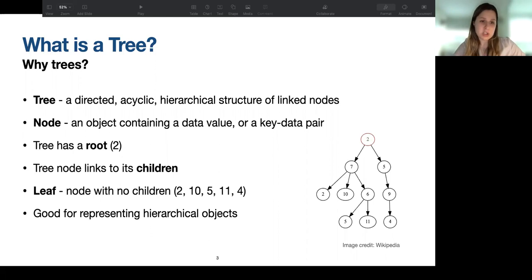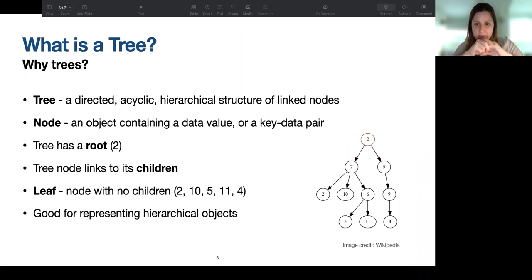I already mentioned that each tree has a root, and in this case, it's node 2 at the very top. And just a bit more terminology for the trees. Nodes in the trees have directed links to other nodes, and the nodes which these links are directed to are typically called children.